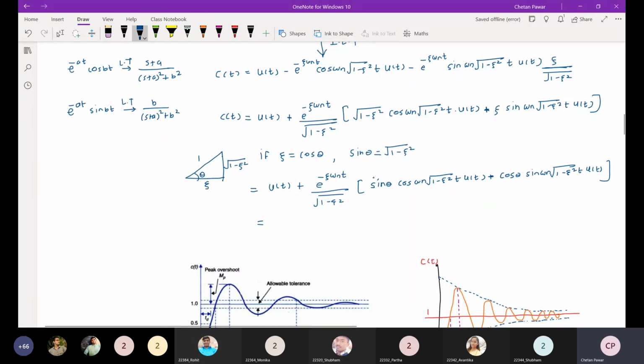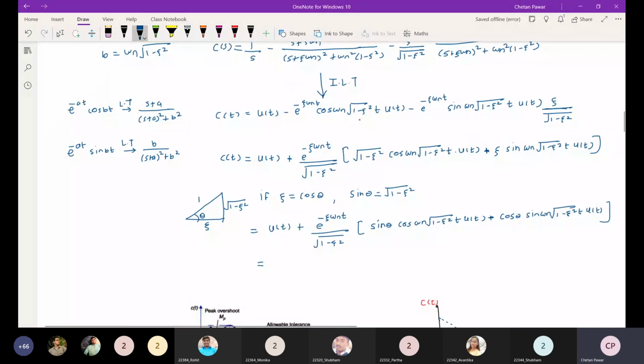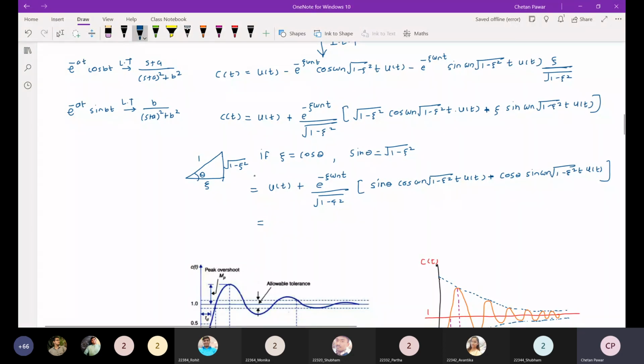Okay, so if you take a minus outside, this will become plus, and the inside terms will also become plus.